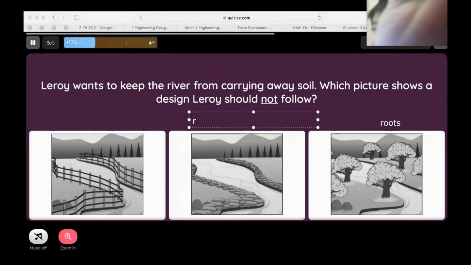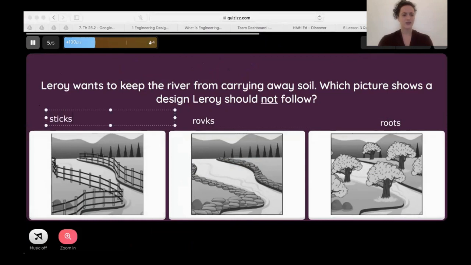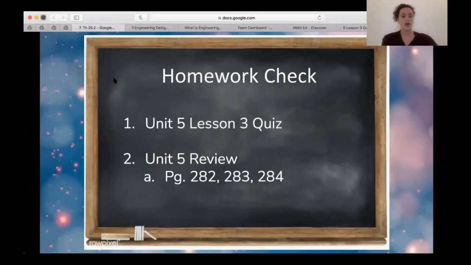These ones have rocks to keep the soil in place, but this one is just sticks of wood. They're not even making a real wall. Definitely cannot help from water, right? So the answer is the first one. And the other part of your homework, 282, 283, and 284.